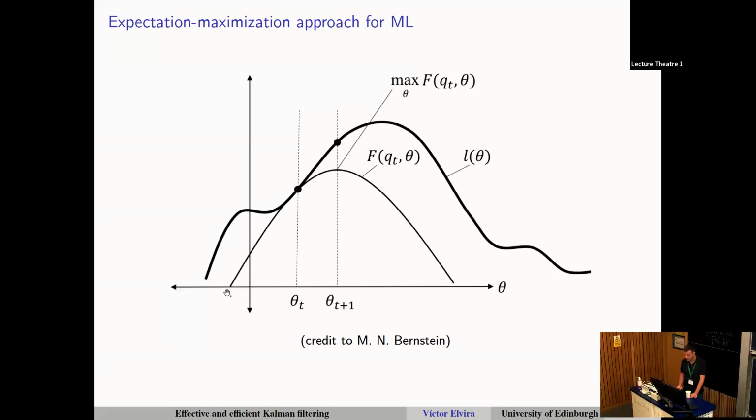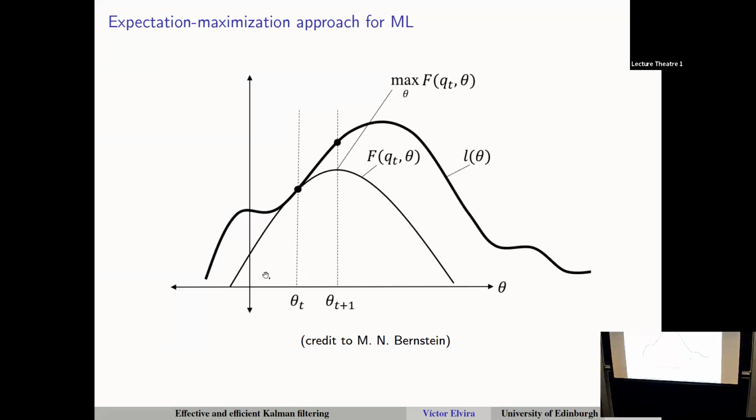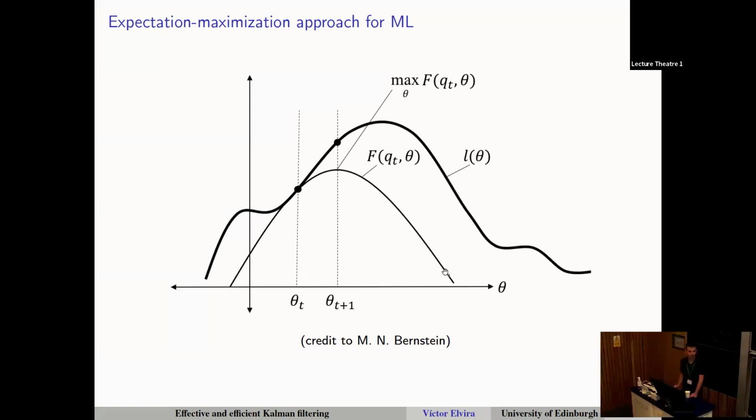Okay, let's look a bit more into the details of what we mean by an easier problem. We have this function, and you can think of this as being a parabola, a quadratic function, and for any quadratic function, you know its maximum, right? Then this is a function that you wish you had, because you would know how to maximize it. The way this function is built has two properties.